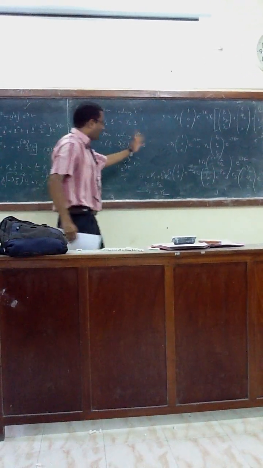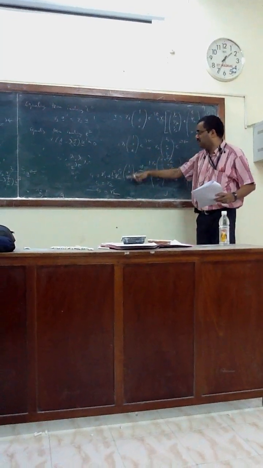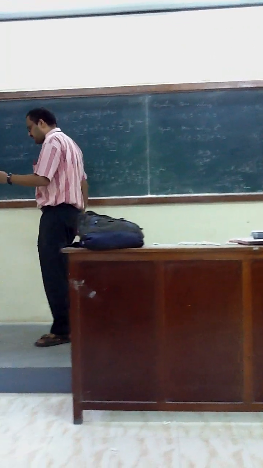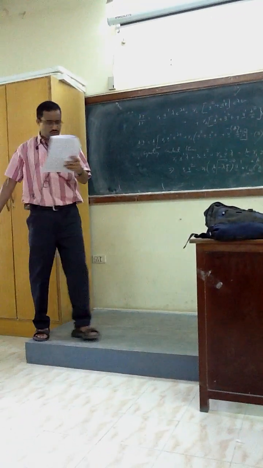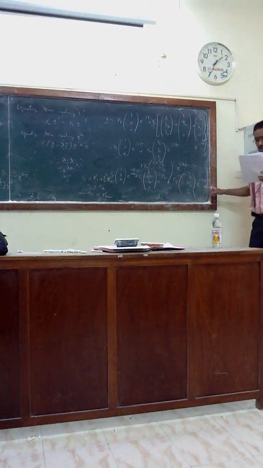I am just collecting the terms to get a more simplified form. So I am getting this: 1 0 0, t half 0 and t square by 2, t by 2, 1 by 2.